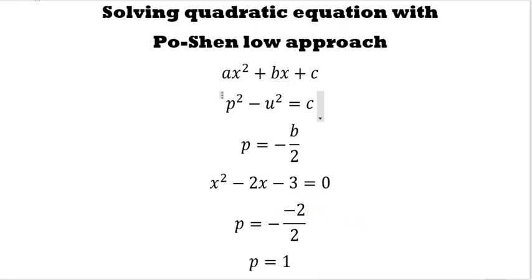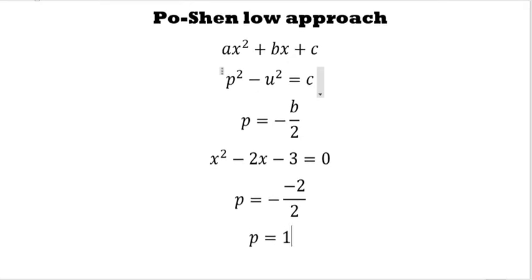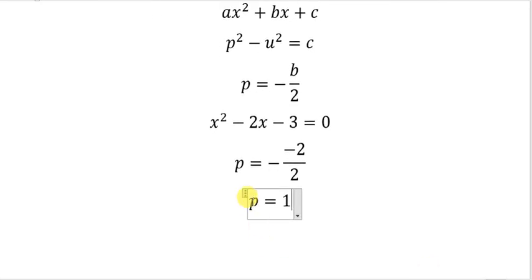At this point, the next thing we can do is to put the value of p into the Po-Shen Lo setup, right? It means wherever p is found, we put 1 there.